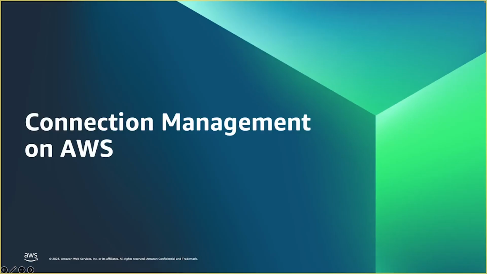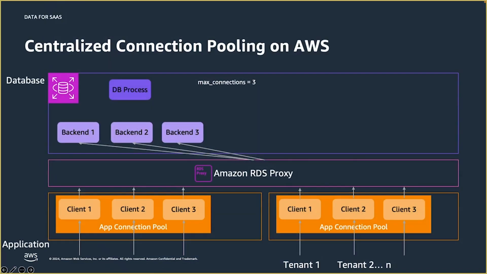So let's have a little look at how that works on AWS. So on AWS, when we talk about our centralized connection pooler, we're talking about Amazon RDS proxy. So Amazon RDS proxy sits there as a layer between your application and the database and acts as the guardian that controls the amount of connections that are able to be opened to the database. So this means that the number of connections cannot grow unbounded past the configuration parameter that you specify.